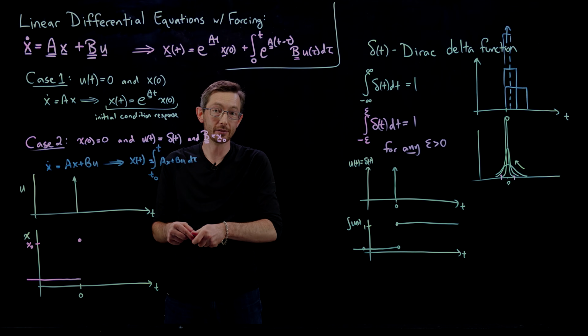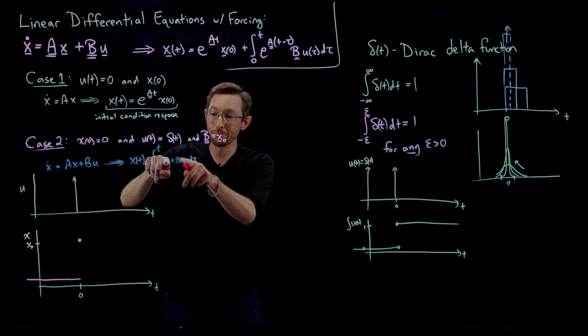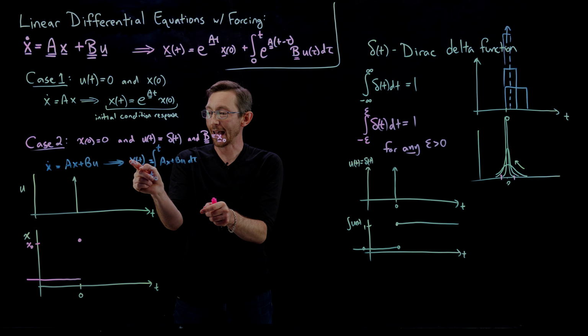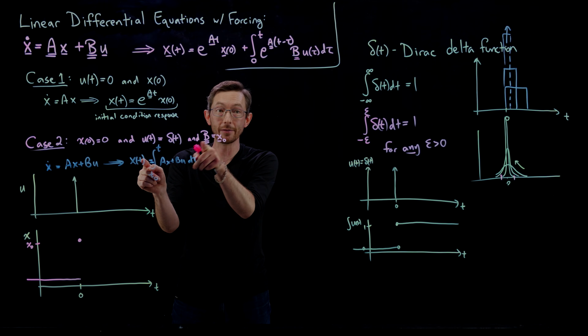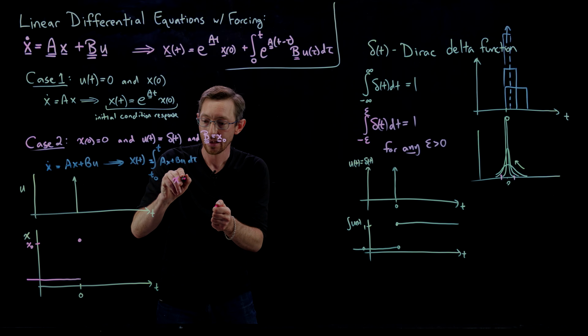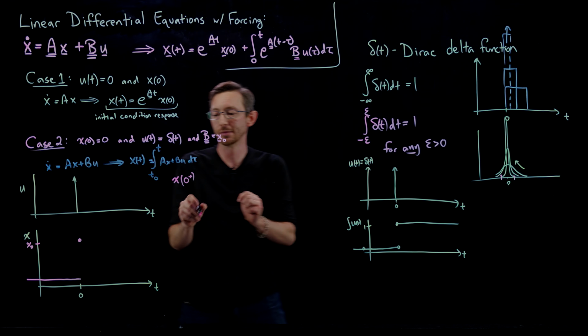Exactly when that impulsive delta happens, the integral of u immediately jumps to 1, and so x immediately jumps to whatever this B vector is.